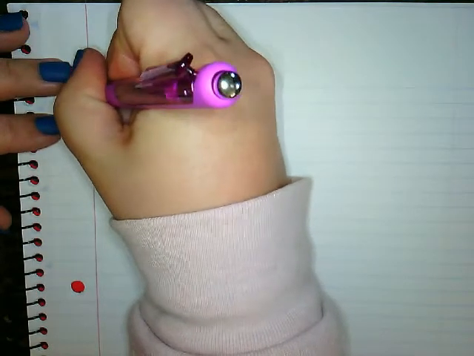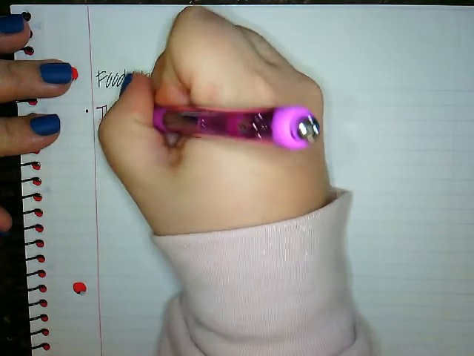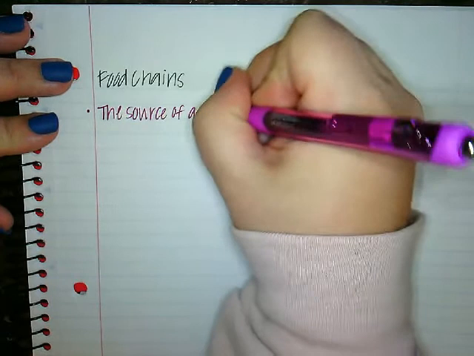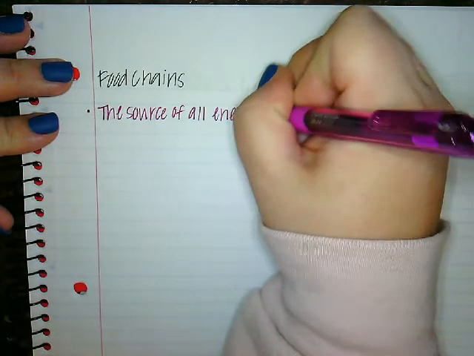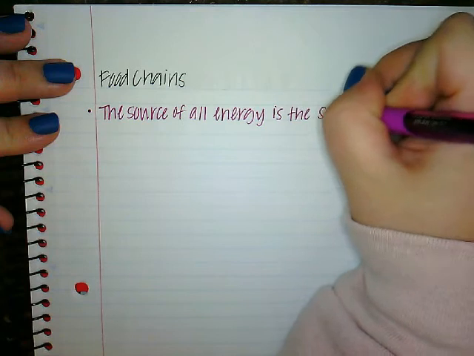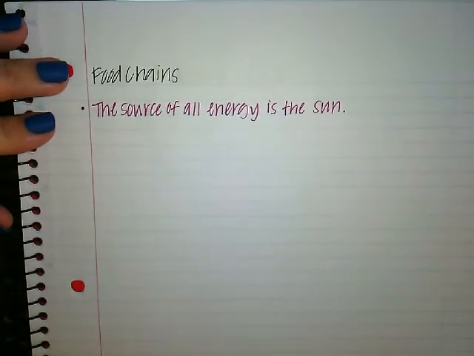Okay, so we are going to put a little bullet point, and we are going to remind ourselves that the source of all energy is the sun. The source of all energy is the sun.